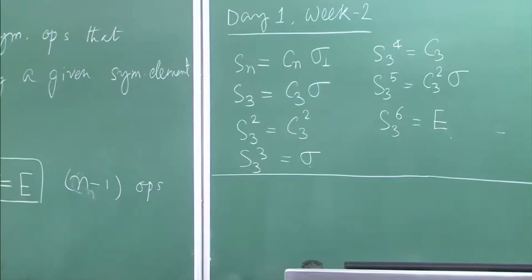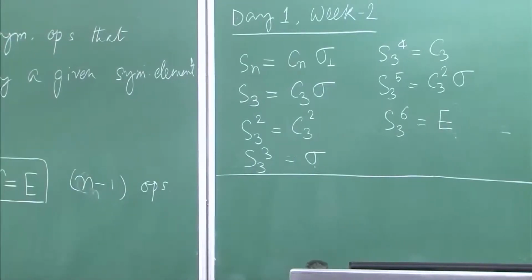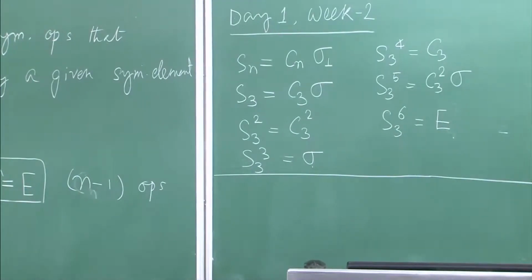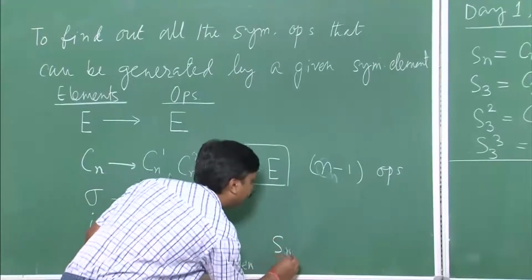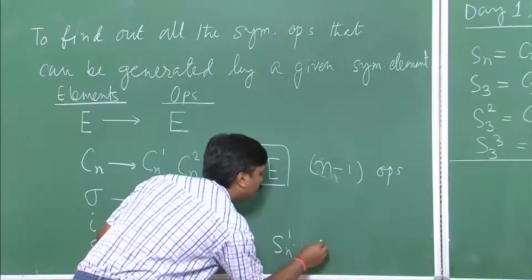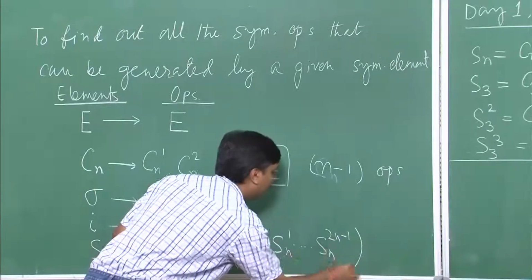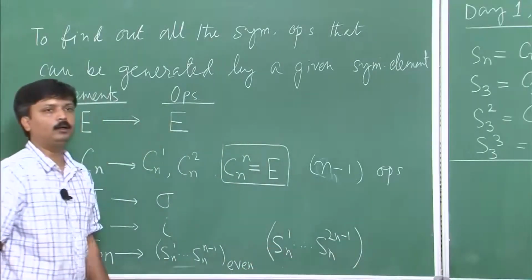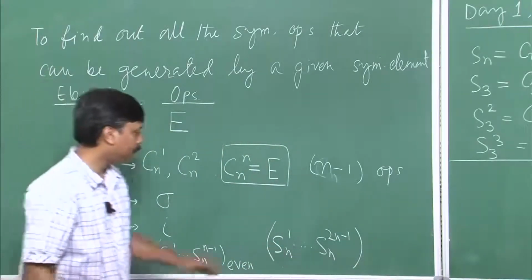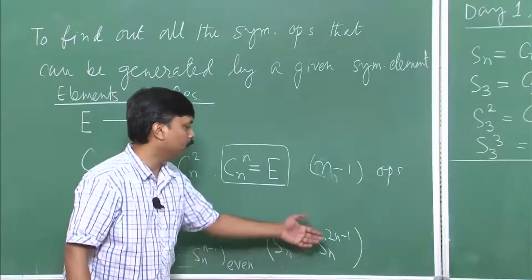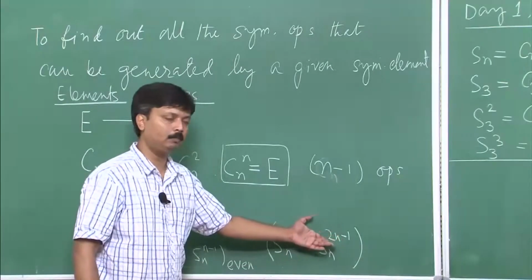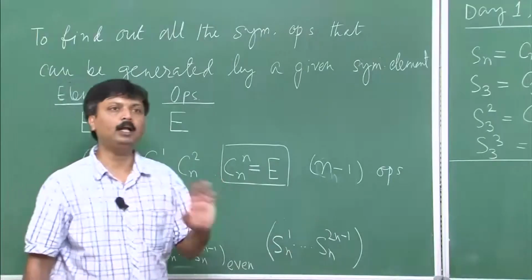Okay. Out of this 2n, one is identity as ever. So here I get Sn^1 to Sn^(2n-1). These are independent symmetry operations, and the 2nth one is nothing but identity.